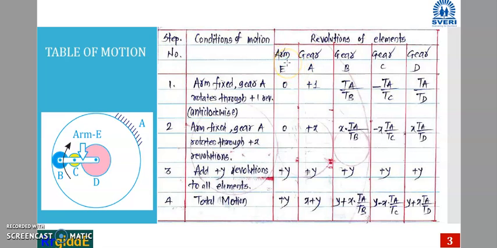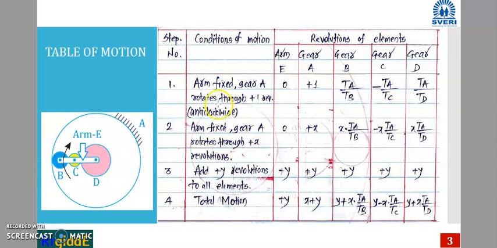One is for arm E, the second for gear A, the third for gear B, the fourth for gear C, and the fifth for D. So we can rotate any convenient gear. Accordingly we have considered A as the first gear.